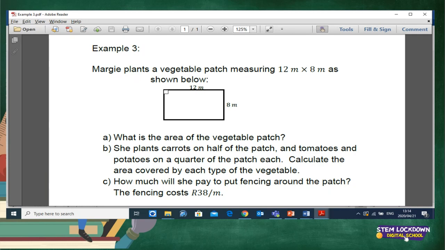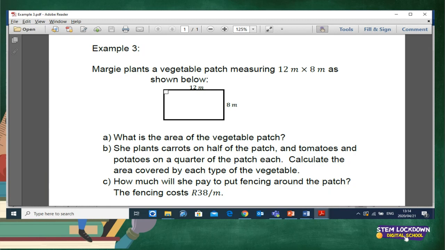And thereafter, what you do in B, you plant carrots on half of the patch and tomatoes and potatoes on a quarter of each remaining patch.